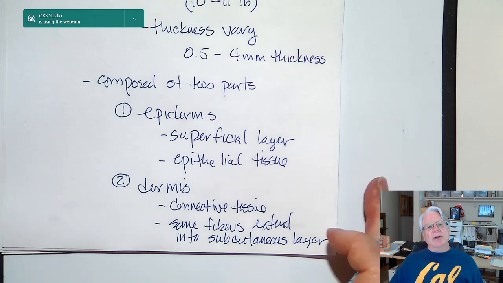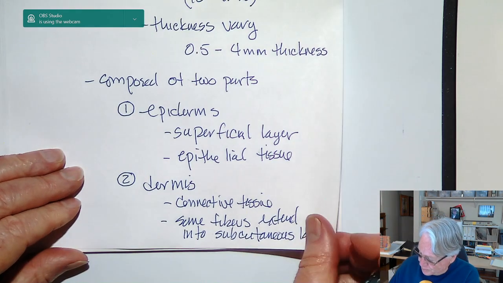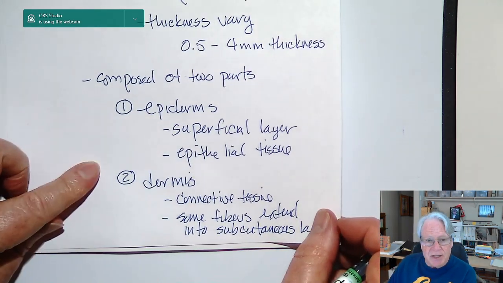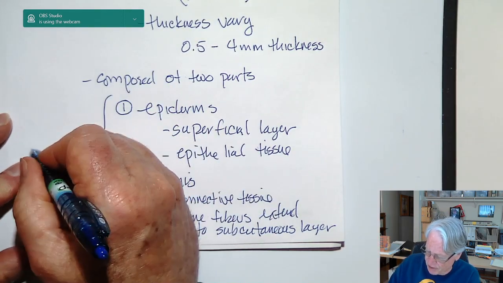And thereby anchor the dermis to the underlying tissue, which we're calling the subcutaneous layer. Now that's the skin. These two things make up the integumentary system.